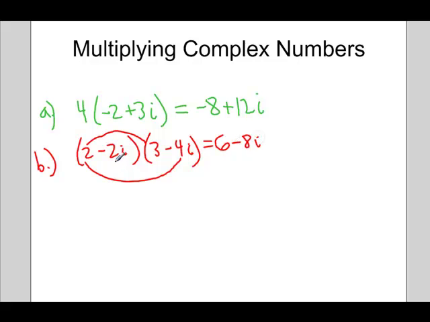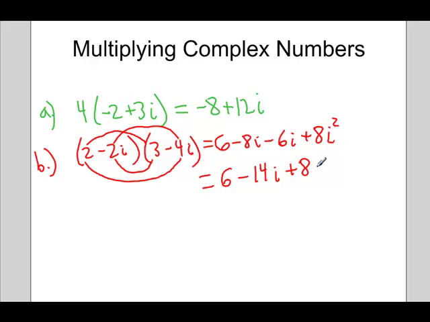Our inner term is negative 2i times 3, which is minus 6i. And our last term is negative 2i times negative 4i, which is plus 8i squared. And I'm going to simplify this, and we're going to see it's 6 minus 14i plus 8i squared.